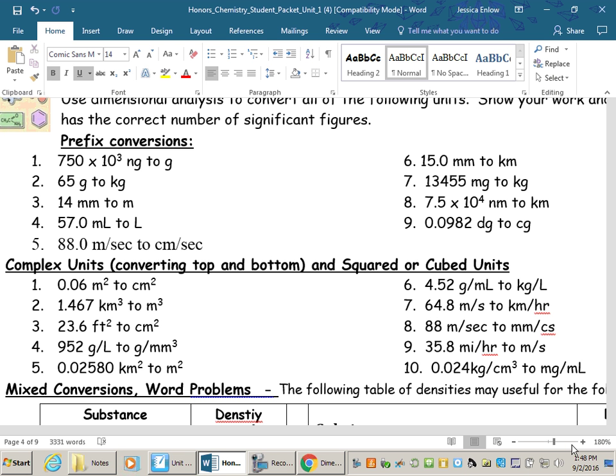It would be 1,000. I just added 0. Same thing. Divide.